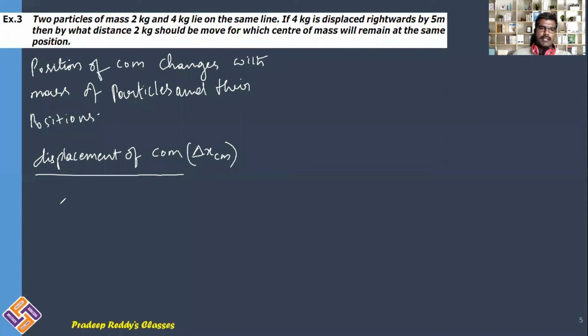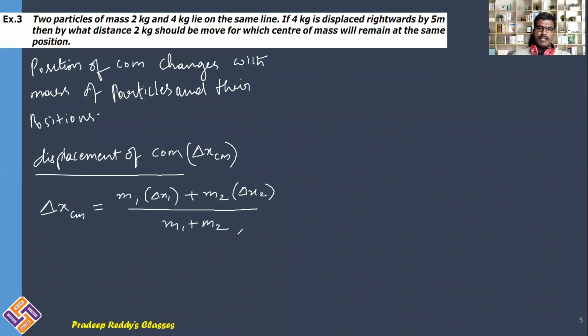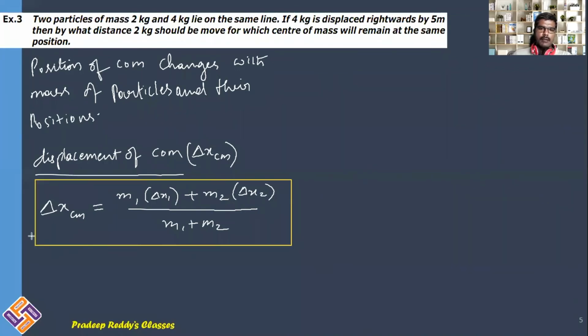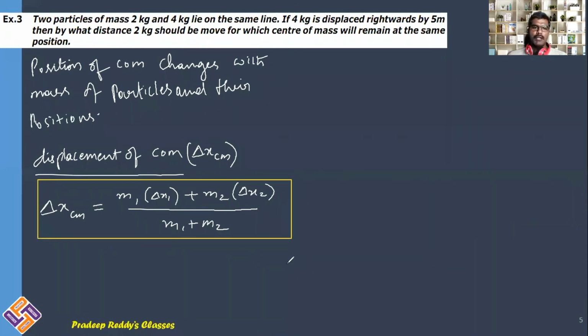So simply I will write delta xcm is equal to m1 into delta x1 plus m2 into delta x2 divided by m1 plus m2. This is the important equation which gives you the relation between the displacement of the center of mass and the displacement of the particles of that particular system. Now I'll use this relation and I will be finding the center of mass displacement.